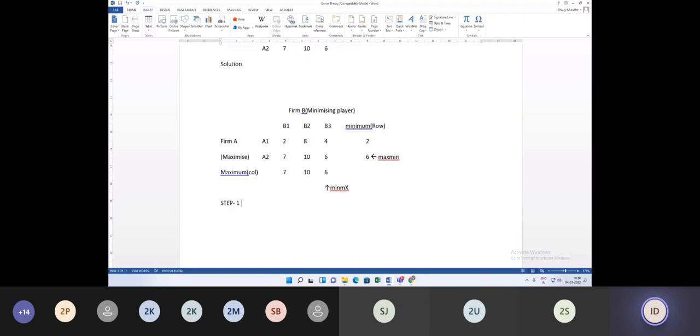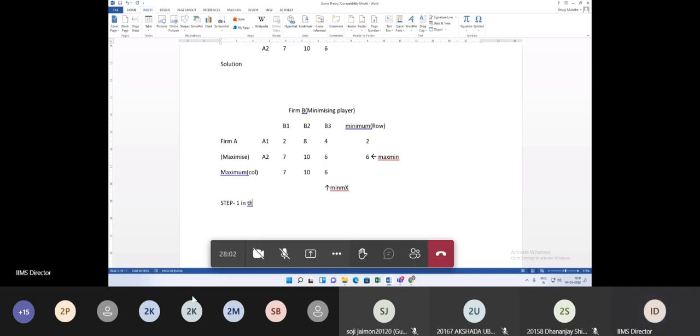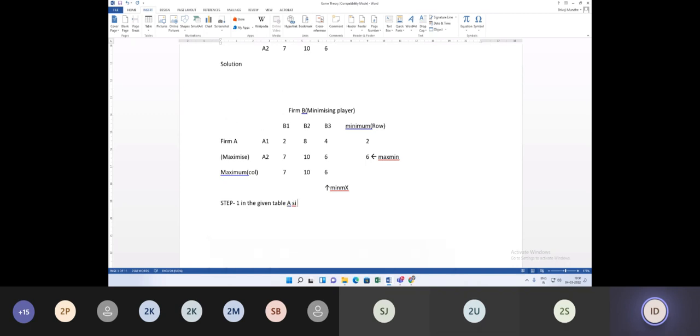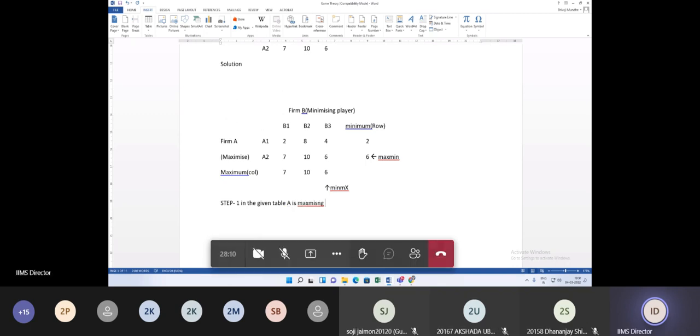In the given table, A is the maximizing player, and B is the minimizing player.